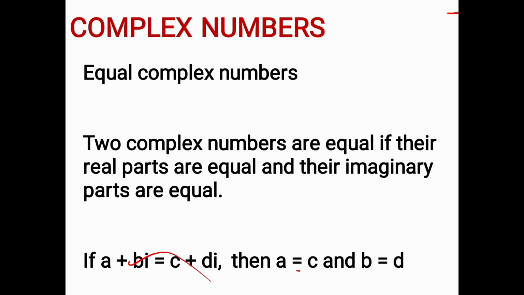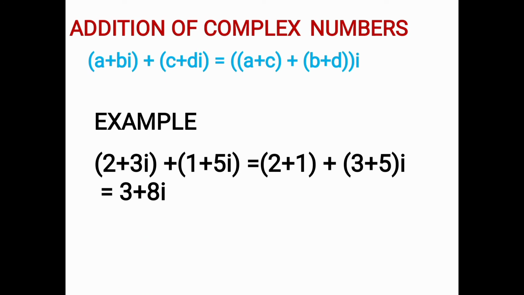Hence a equal to c, that is our real part, and b equal to d, that is our imaginary part. That means this value equal to this value and this value equal to this value. So the condition of two equal complex numbers is that real part equals real part and imaginary part equals imaginary part. A and c are the real parts of the two complex numbers and b and d are the two components of the imaginary part. If they are equal, then the complex numbers will be equal.